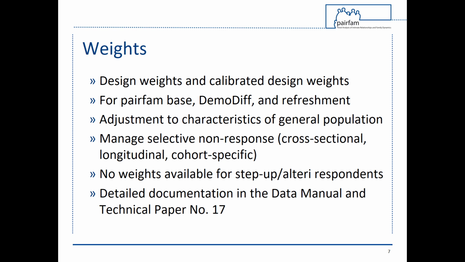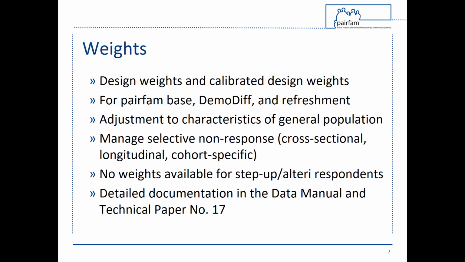The design weight corrects disproportionate sampling across cohorts and the combination of multiple selection frames, including demotive and the wave 11 refreshment sample. The calibrated design weight calibrates the design weights to reference characteristics, thereby correcting both baseline and longitudinal survey non-response. No weights are available for step-up respondents or alternate respondents.